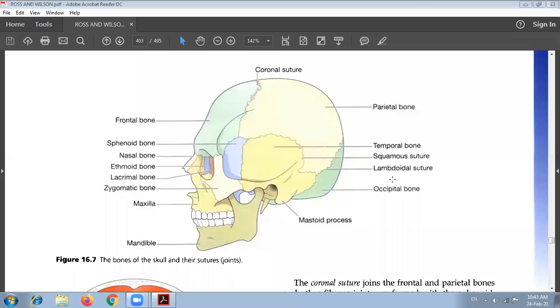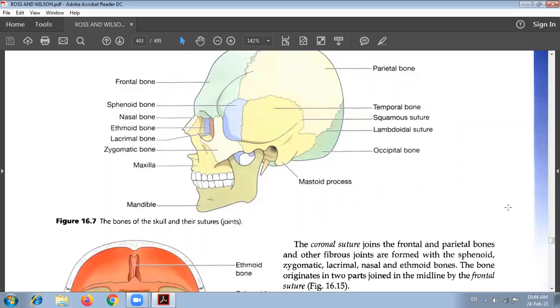All these form 28 bones, and inside here you can see the ear ossicles, three on the left and three on the right side. The six ear ossicles give the total of 28 bones which form the skull of our body, the axial skeleton.